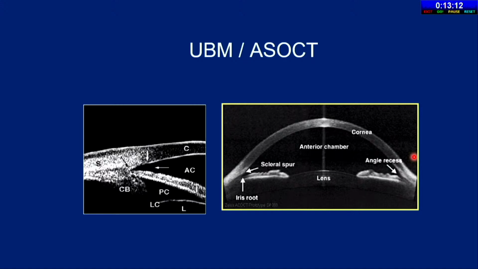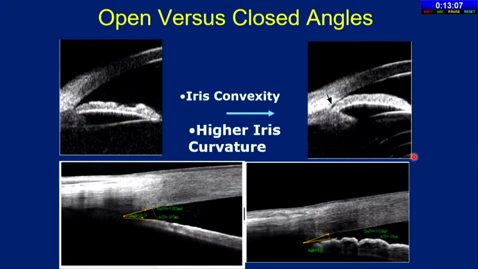We also use UBM and ASOCT to understand the pathophysiology better. And when you compare open versus closed angle, in the UBM pictures you can see here, there is a definite difference between the angle configuration, the iris curvature.